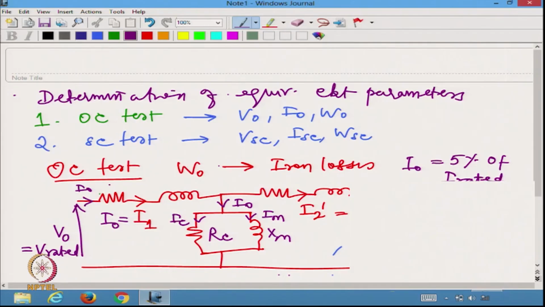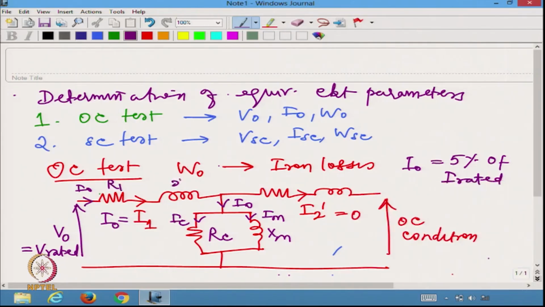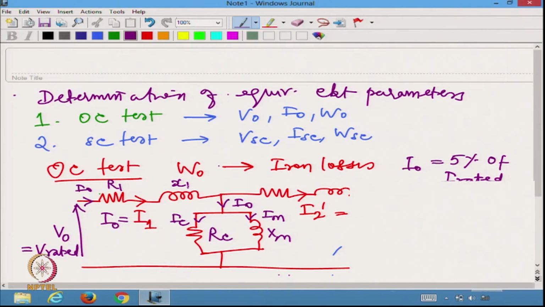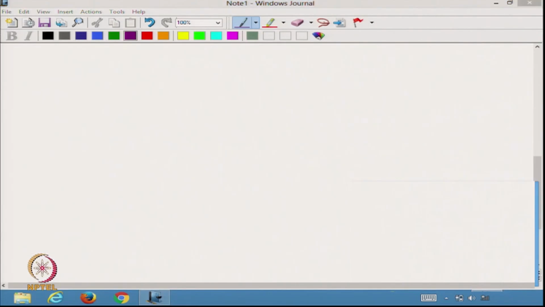So, the drop that takes place across R1 and X1, that is R1 plus jX1 multiplied by I naught, is going to be very low. It will not be much at all, so this drop is really negligible.